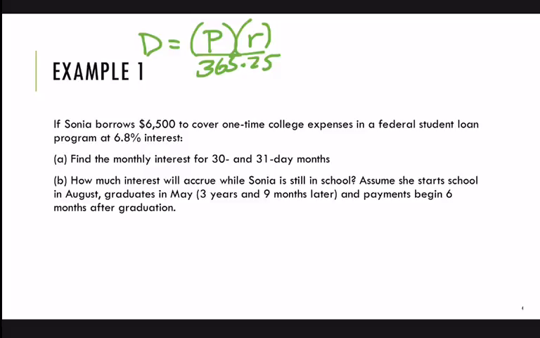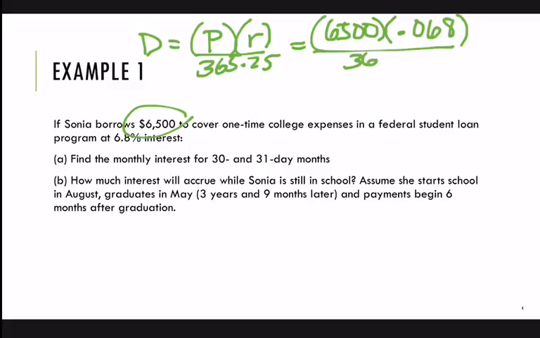The principal balance is the amount that she borrows, $6,500, and then times the rate. We're told that this is a 6.8% interest rate, so we'll multiply by 0.068 and divide by 365.25. Now, as with our other financial problems, we'll round to the nearest cent.